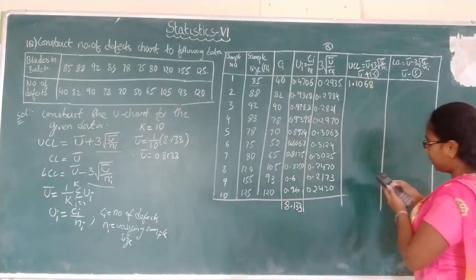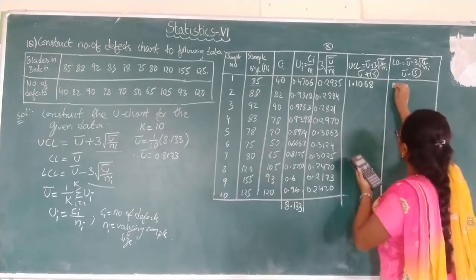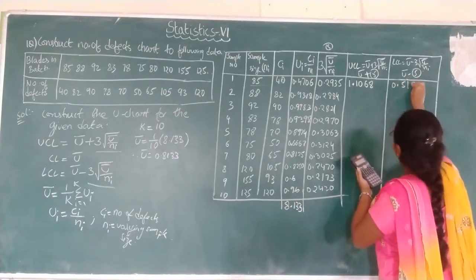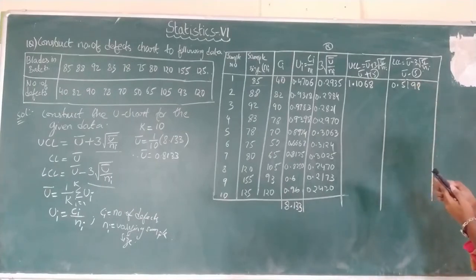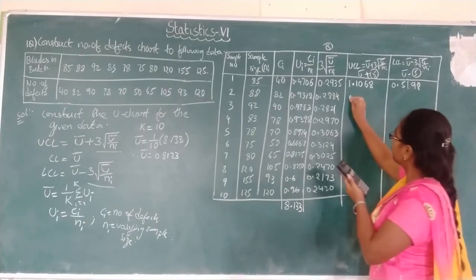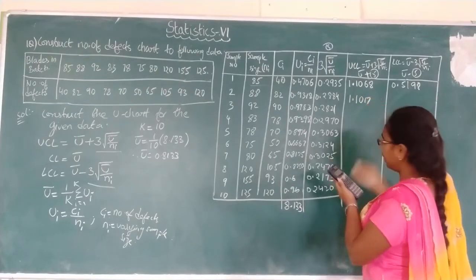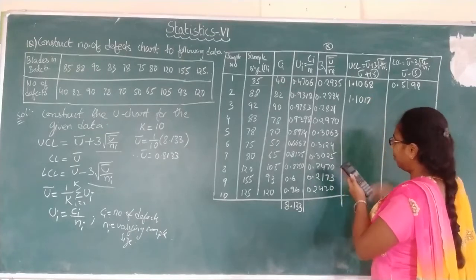Similarly, you put minus, you will get the LCL value also as 0.5198. So second column value is U bar value as it is 0.8133 plus 0.2884. Answer is 1.1017.